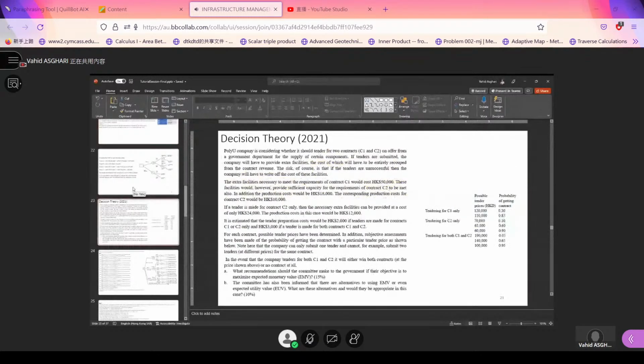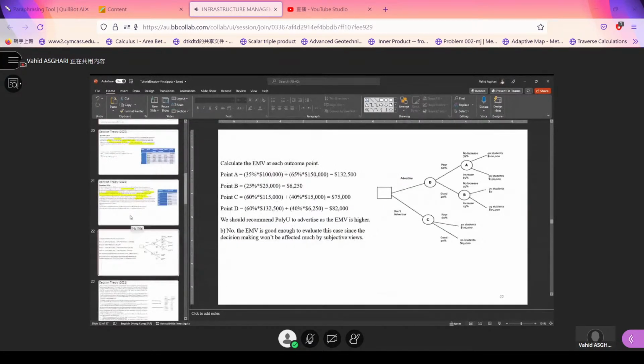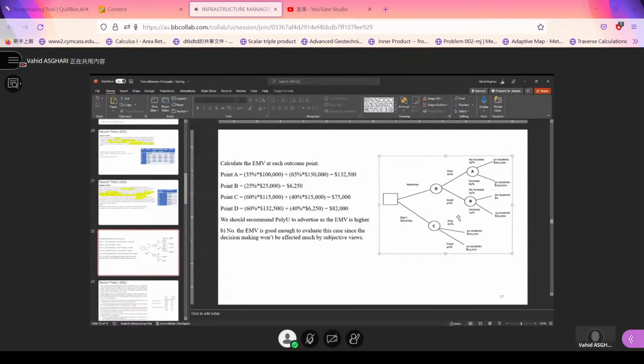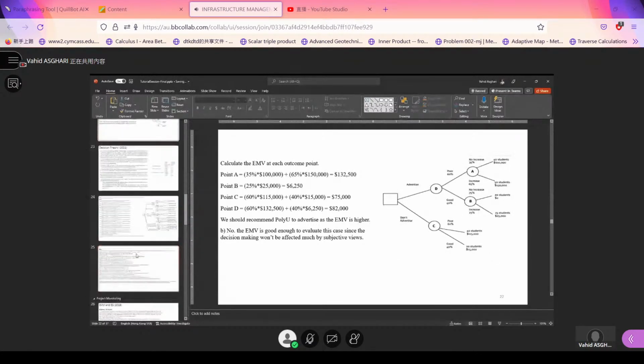You just have to make the question clear for yourself. So draw the decision tree, however you like it, and then find out the ultimate and final results.